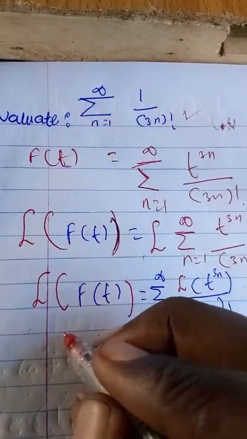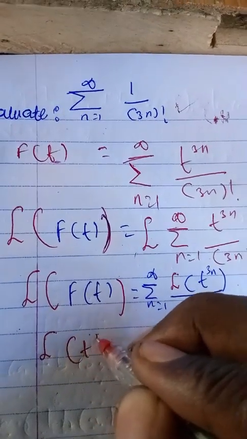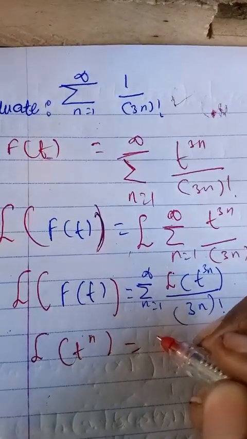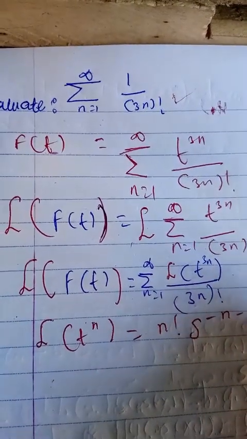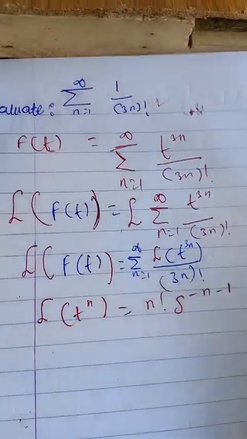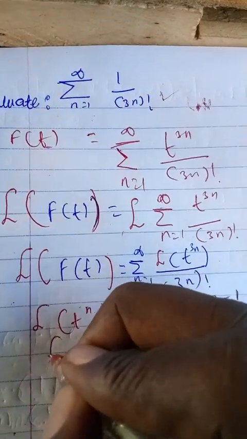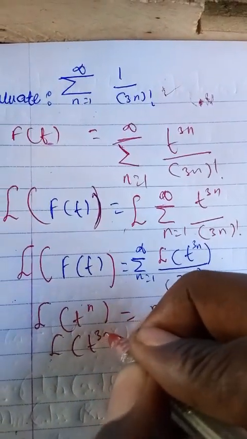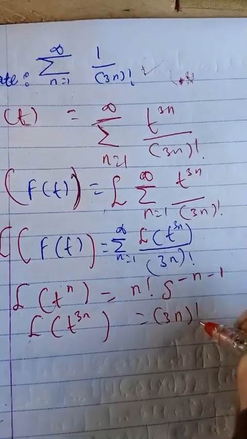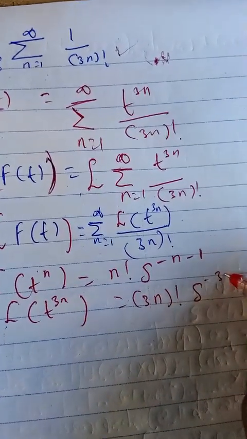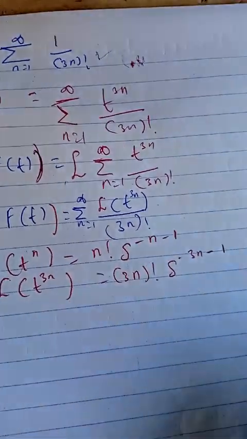Now I would like to recall this. The Laplace of t raised to the power of n gives us n factorial s raised to the power of minus n minus 1. So the Laplace transform of t raised to the power of 3n will give us 3n factorial s raised to the power of minus 3n minus 1.